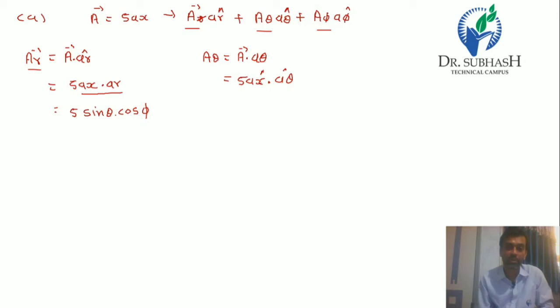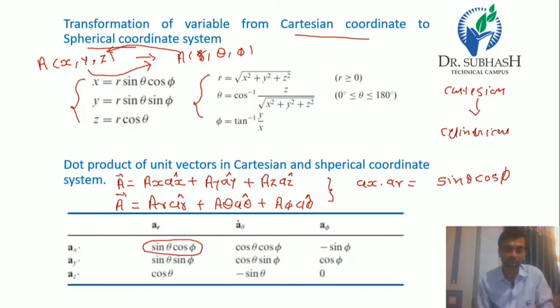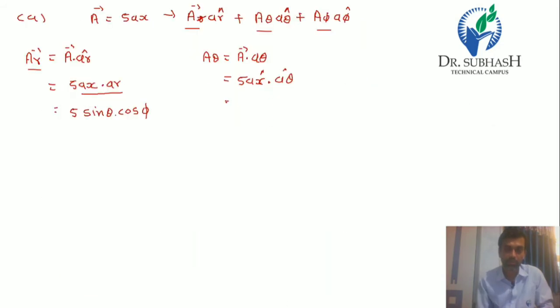Again we use the transformation table. So Ax dot A theta gives the cos theta cos phi. So we put the value of cos theta, phi cos theta cos phi.